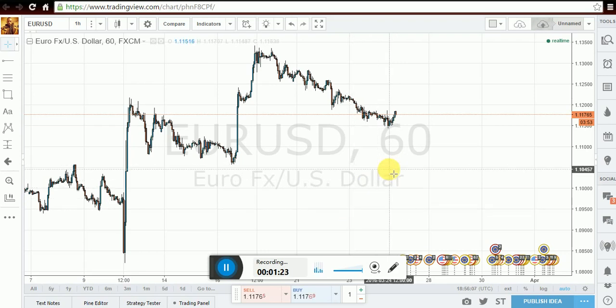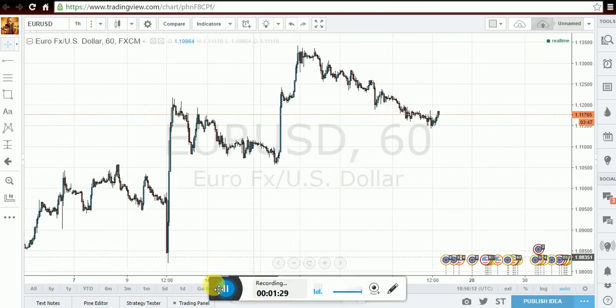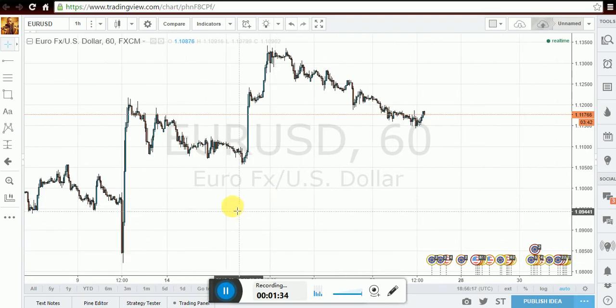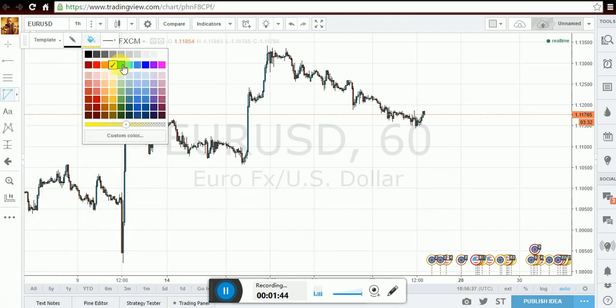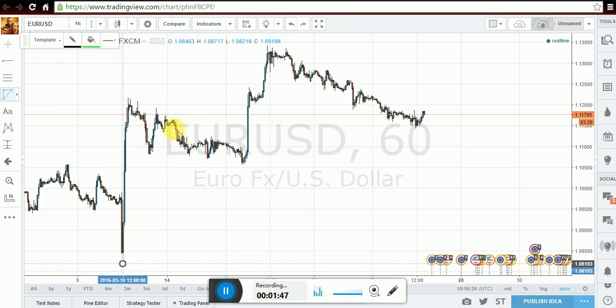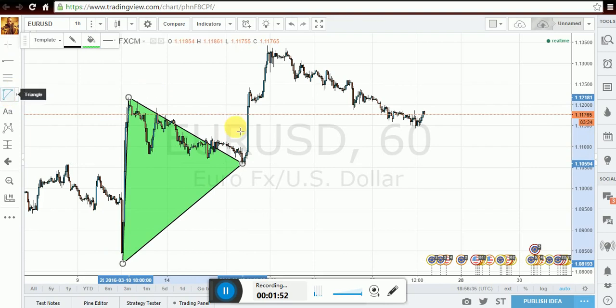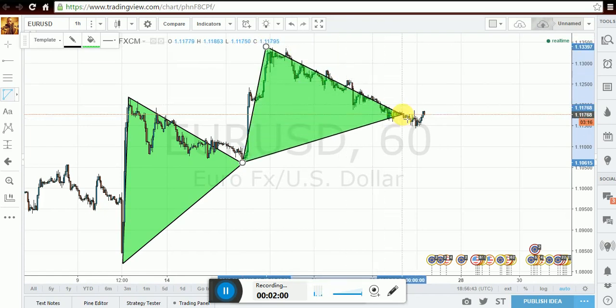So basically, once you spot a potential advanced pattern, I'm going to try and go through this a little bit quicker than normal. Right now I'm looking at the euro dollar on the 1 hour time frame, and I can see a potential cipher pattern. So I'm going to go ahead and draw out the pattern for you guys. It's a bullish cipher. We've got the X to A leg, a retracement A to B leg, and a B to C leg, the C leg being the 127 or 141 extension of the X to A leg.